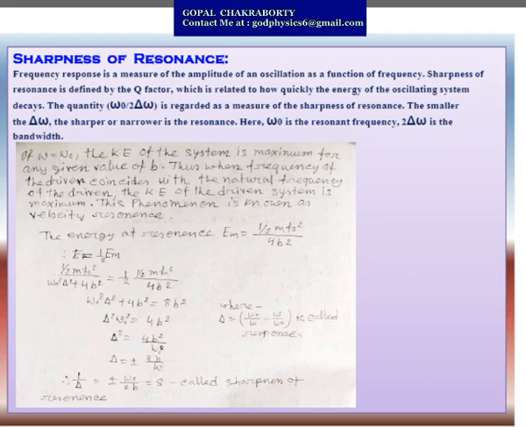Substituting that value, the energy, half of m f naught squared by (omega naught squared delta squared plus 4b squared), equals half of half m f naught squared by 4b squared. Rearranging, omega naught squared delta squared plus 4b squared equals 8b squared, so delta squared equals 4b squared by omega naught squared. So delta is plus or minus twice b by omega naught. Then 1 by delta, called the sharpness of resonance, is defined as plus or minus omega naught by 2b. So this is our sharpness of resonance.